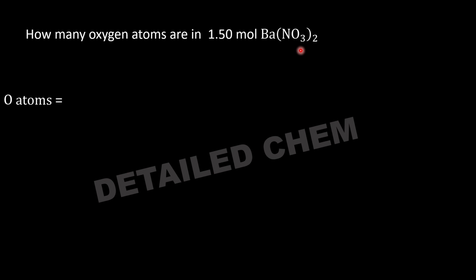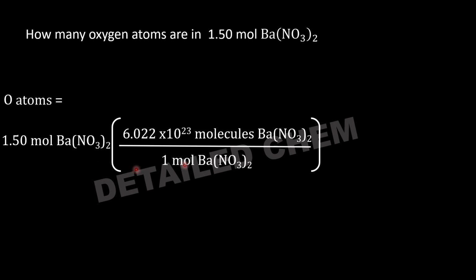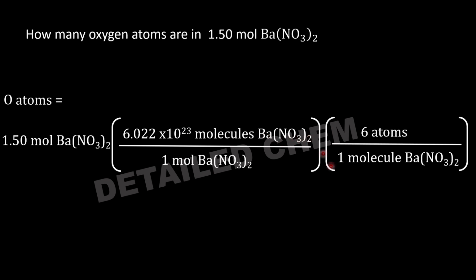All right, so we have number of oxygen atoms. So number of oxygen atoms, we have 1.50 mole of barium nitrate, this is the given. Multiplied by 1 mole of barium nitrate, we have 6.022 times 10 to the power of 23 molecules of barium nitrate.